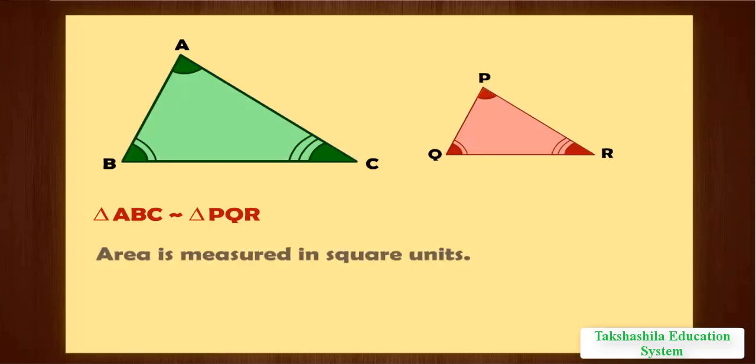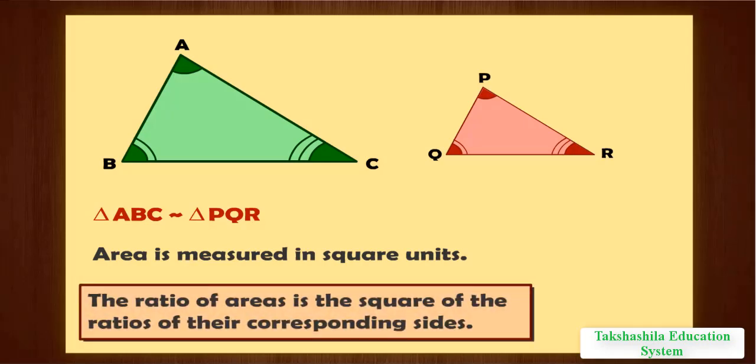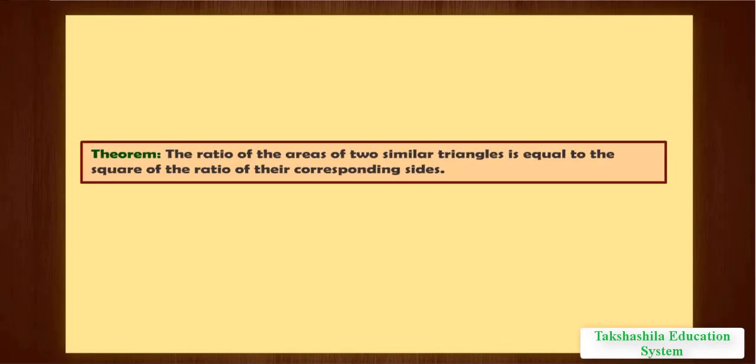Keeping in mind that area is measured in square units, we can say that the ratio of areas is the square of the ratio of their corresponding sides. This is indeed true, and we shall prove it in the theorem. The theorem states that the ratio of the areas of two similar triangles is equal to the square of the ratio of their corresponding sides.